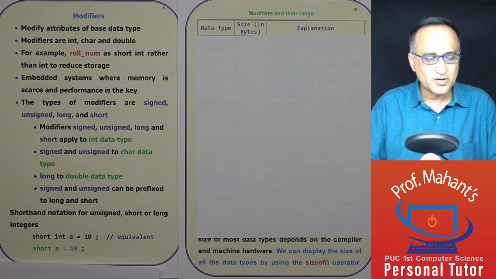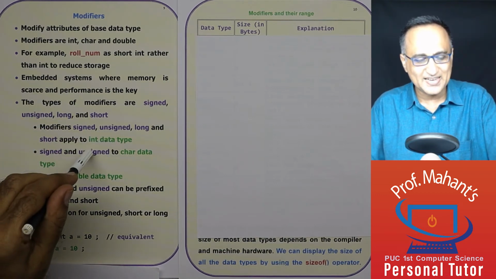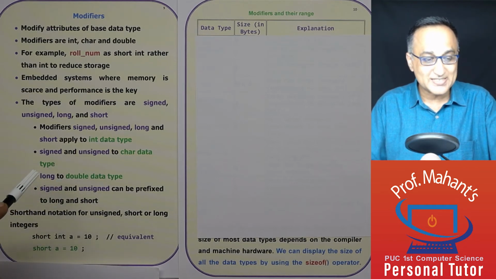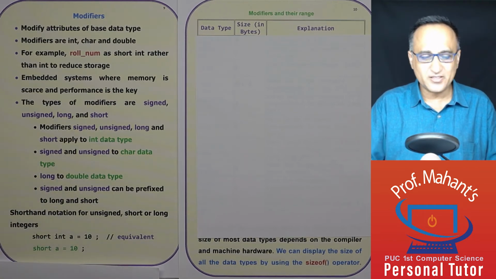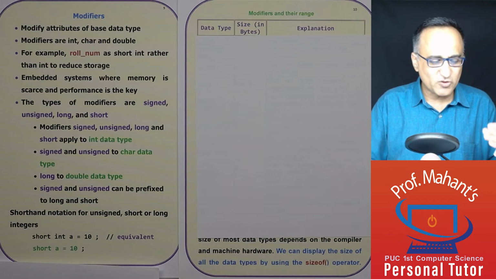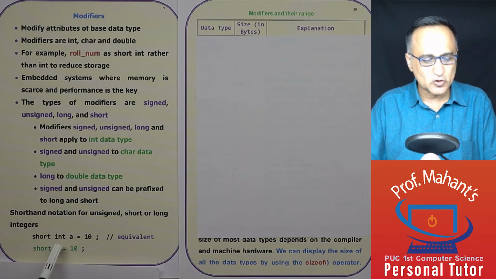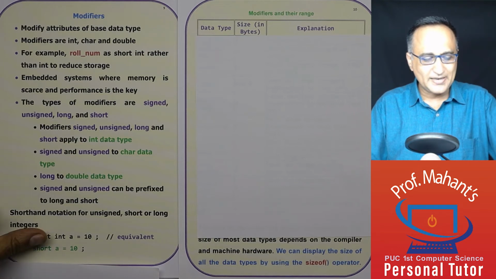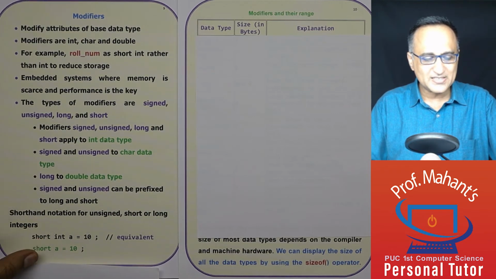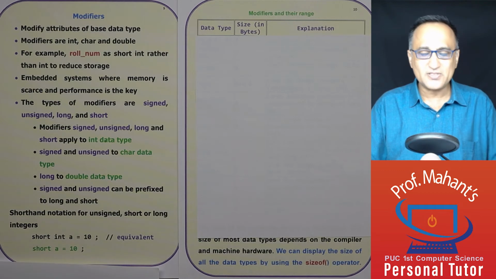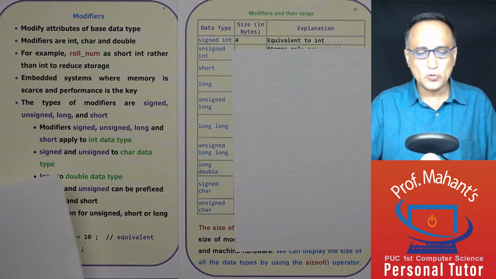The three modifiers you need to know are long, unsigned, and short. Instead of saying short int a, I just say short a. So if a normal int occupies 4 bytes, this short a, because of this declaration, will occupy only 2 bytes.